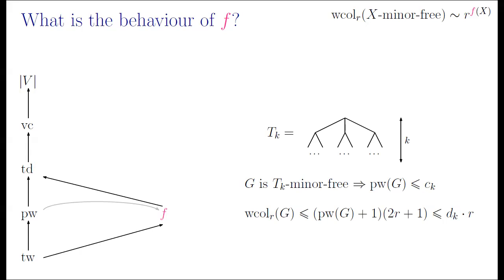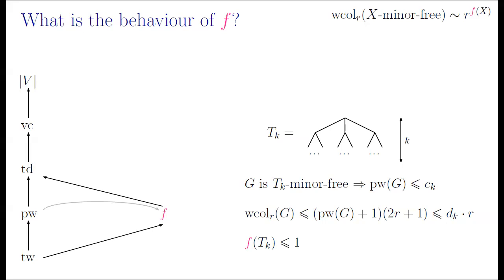Now, this is something that I won't show you, but it's not very difficult. When we have bounded pathwidth, then it's quite easy to bound the weak coloring numbers, and we have some constant times r. This means that F of the tree is at most 1, if you parse definitions correctly.